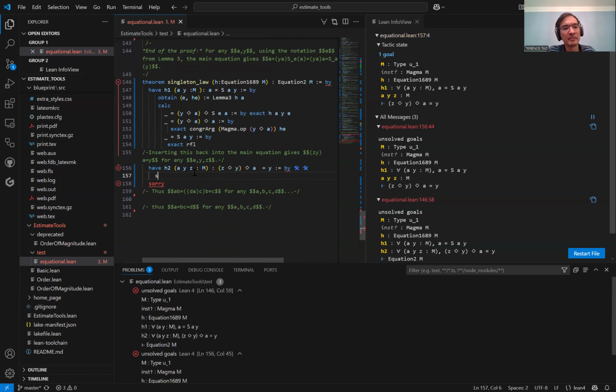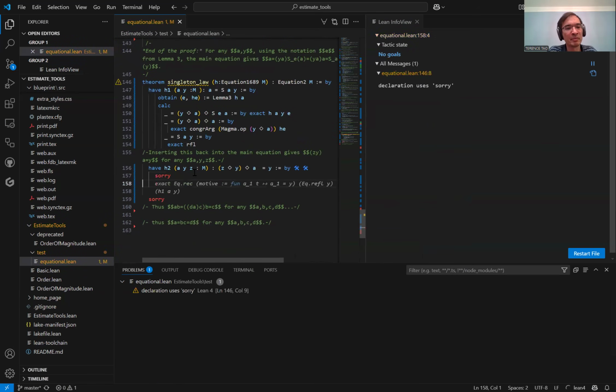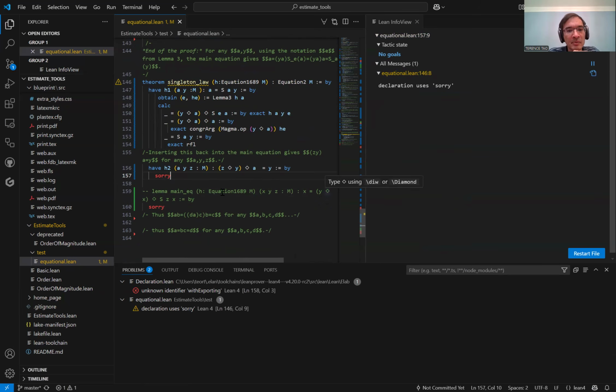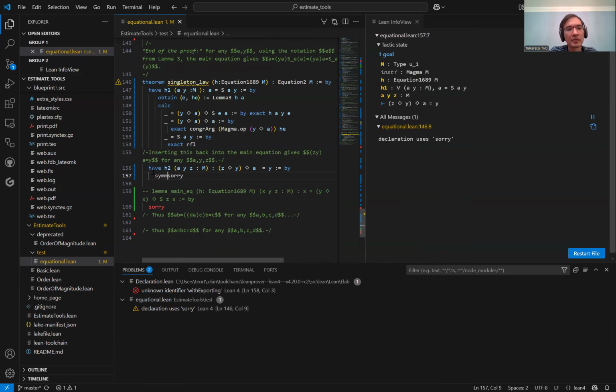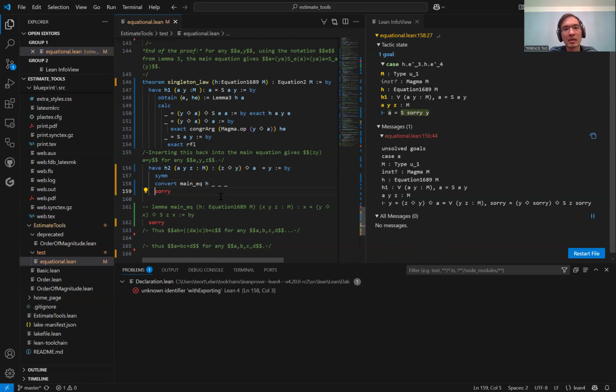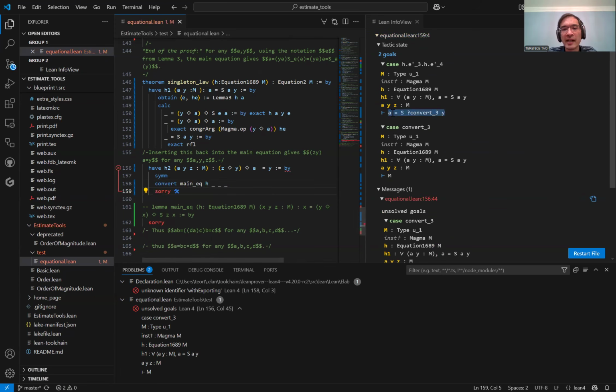This is a similar thing from before, I think. I want y equals z times y times a. Yeah, so let's just reflect it. That should match the main equation. Okay, so if I match it, I need a to the s times something times y.